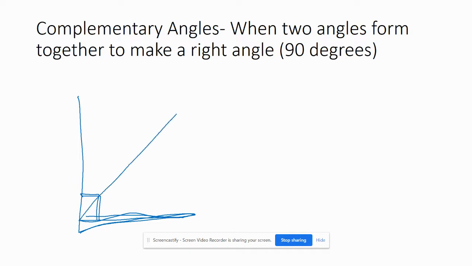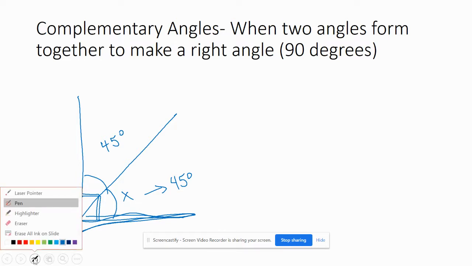And then I have a line going through. Let's say this one is 45. And this one has to be also 45 because both of them make 90. Now, these two are congruent angles. Okay, these are congruent angles.